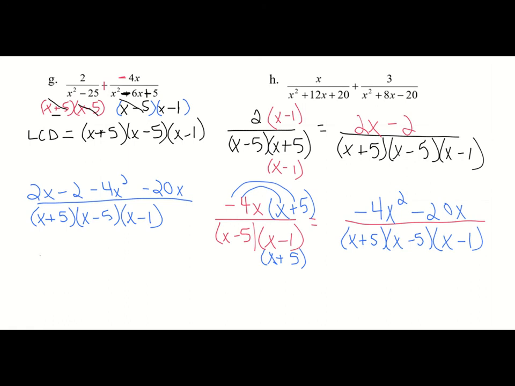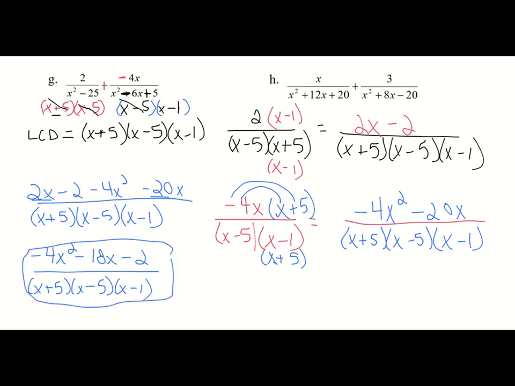We're going to have negative 4x squared minus 2x and negative 20x will give me negative 18x minus 2 all over x plus 5, x minus 5, x minus 1. And while I can pull a negative 2 out of my top trinomial, it's not going to help me factor or get anything to simplify on the bottom. So we're going to leave it like this as our final answer.